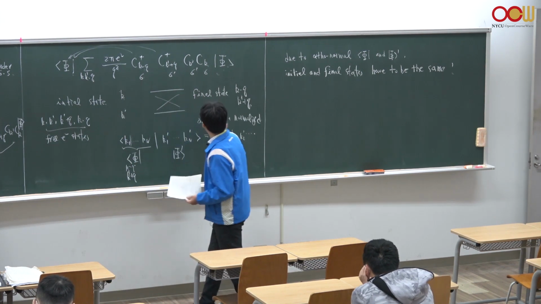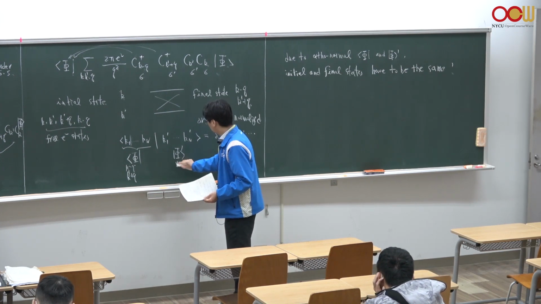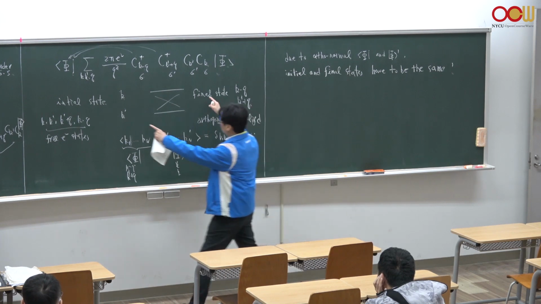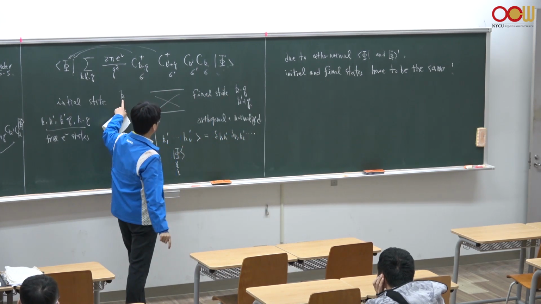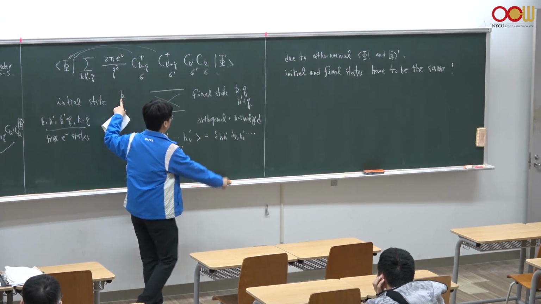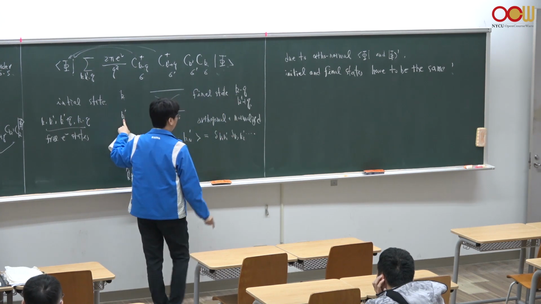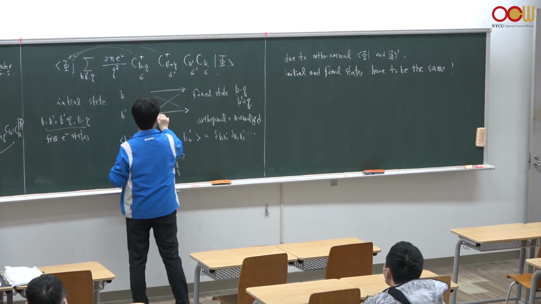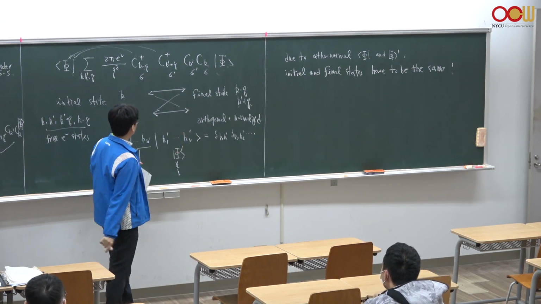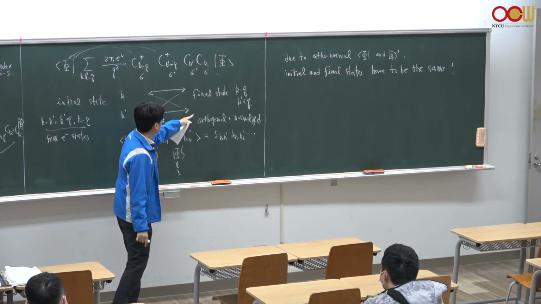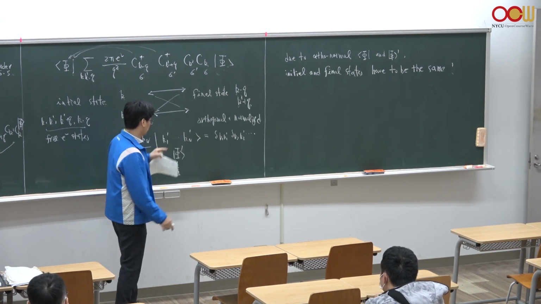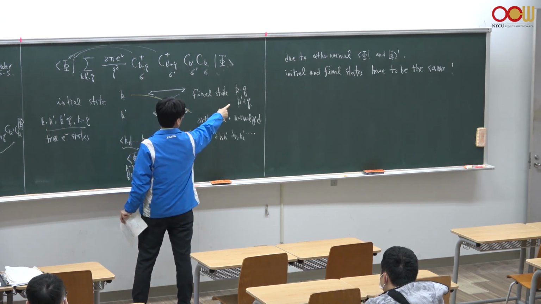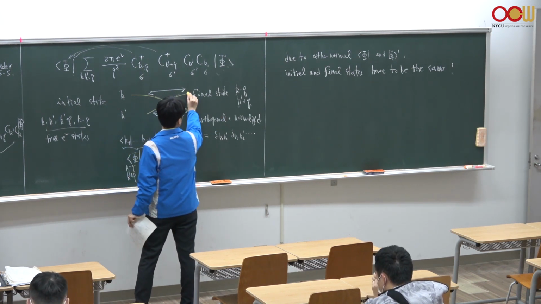And phi prime on the right is a function of k prime and k, right? So you should pair them up either by assigning that k is the same as k minus q and k prime is k prime plus q, like this direct kind of term, or you could exchange these momentum variables like this. So k becomes k prime plus q and k prime becomes k minus q.